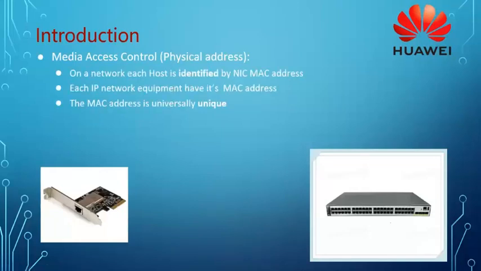The media access control address is an identifier used to identify every NIC on your host. Each IP network equipment has its own MAC address. This MAC address is universally unique, and it is used to identify every host.